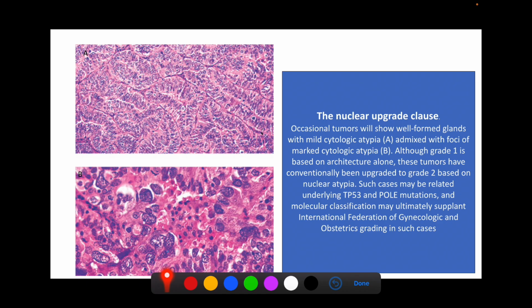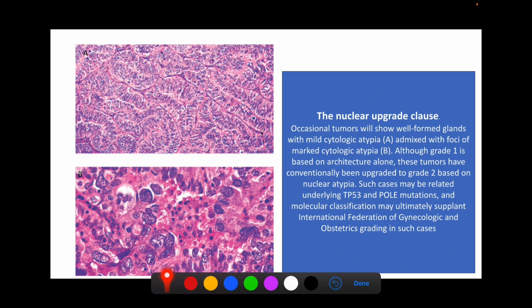This is important, the nuclear upgrade clause, which applies if glands are well formed or have mild cytological atypia. Here we can see well formed glands and nuclear atypia is mild to moderate, but some portion shows, in high power view, marked atypia, pleomorphism, hyperchromasia, and this pattern is seen focally.